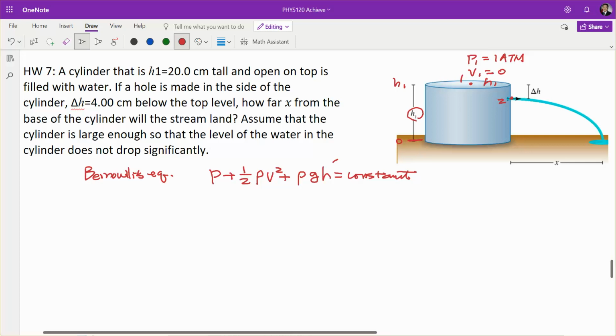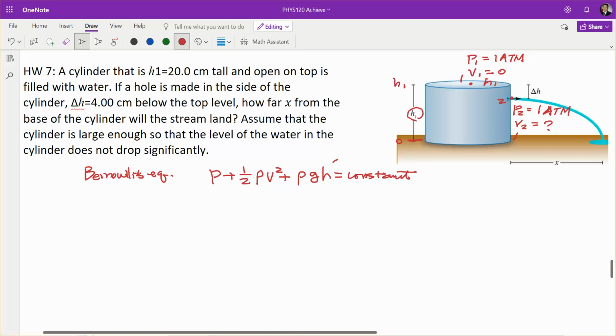Now point 2 is the point just outside of the hole. At point 2, this place connects to the outside air, so the pressure is also 1 atm because it connects to the open air. The velocity v2 is obviously not equal to 0. That's something we try to find because the fluid is flowing outside.